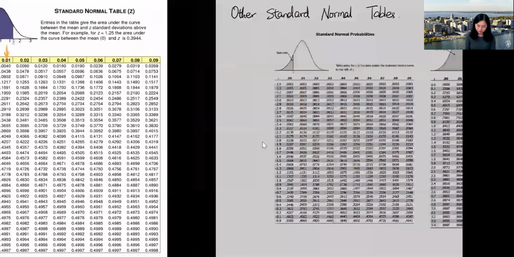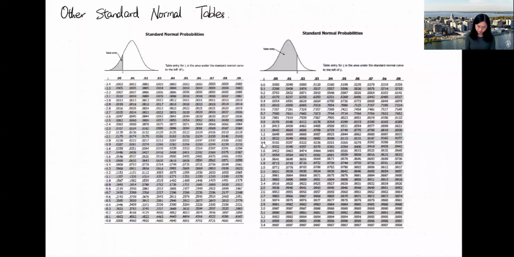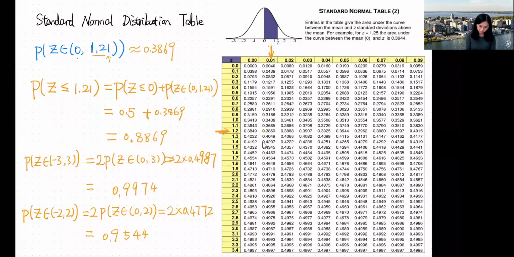Actually, it's one of the special ones. The probability that Z belongs to the interval 0 to 2, we have looked up in the table and found that it is 0.4772.